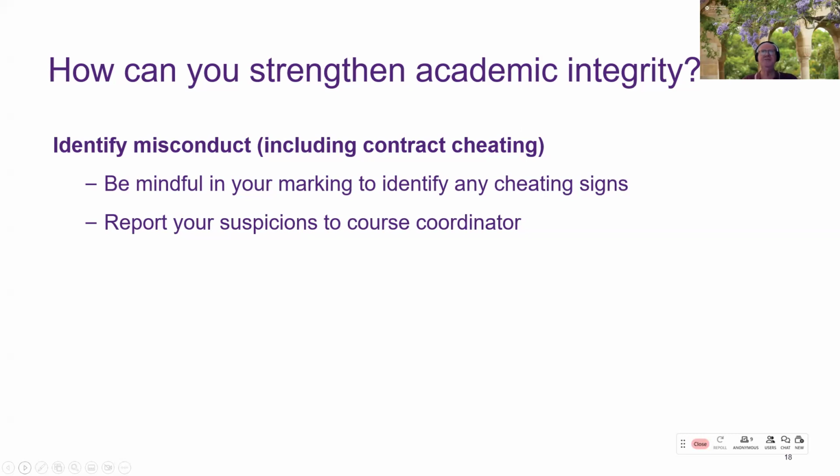Your role is simply to pass that information on to the course coordinator. UQ's got a process and various people who engage in that process to build a case if somebody's been cheating. But just remember, don't talk to them. Don't indicate your suspicions to the student. Just have a word to your course coordinator and show them what you think might be the evidence.